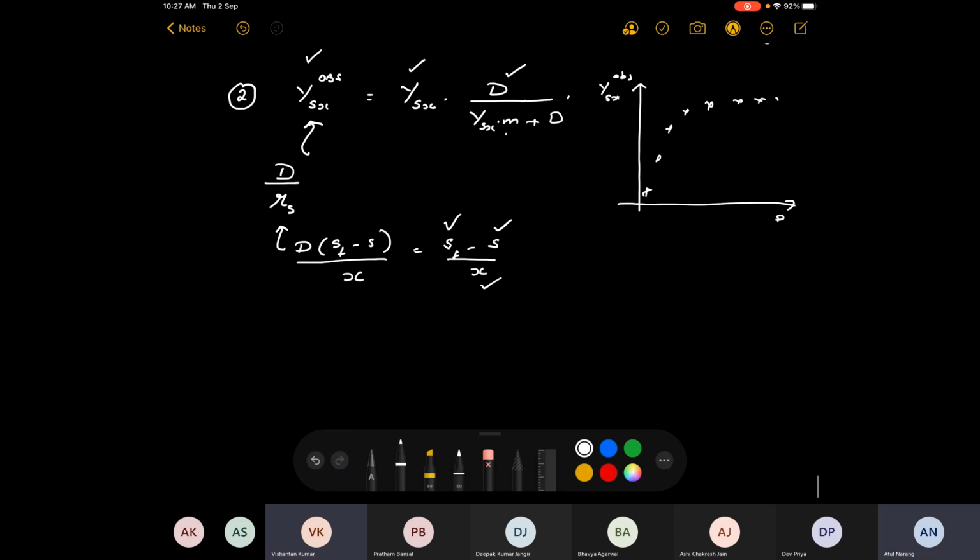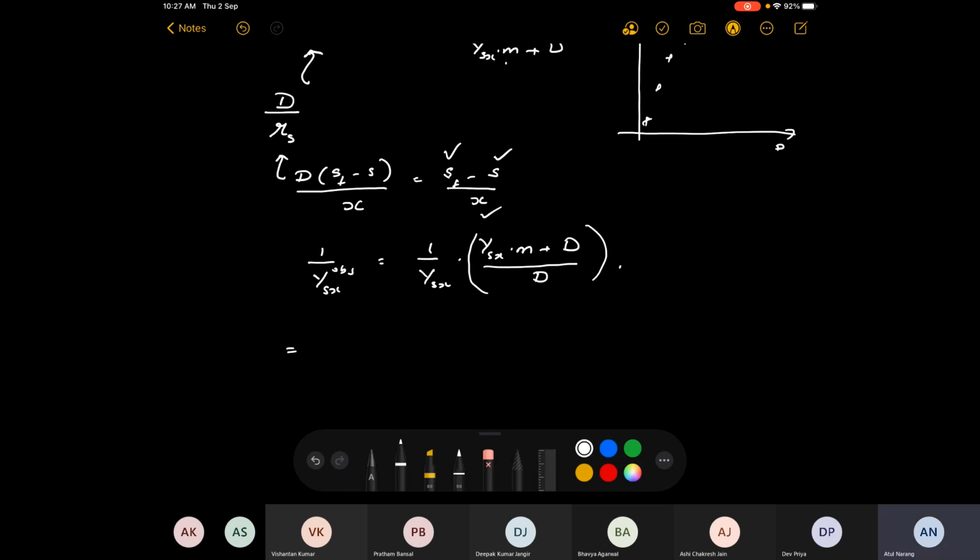So once you get this kind of data, then you can take 1 divided by Y SX observed. It will be equal to 1 divided by YSX multiplied by YSX times M plus D divided by D. And that implies that 1 over YSX observed equals M times 1 over D plus 1 over YSX.